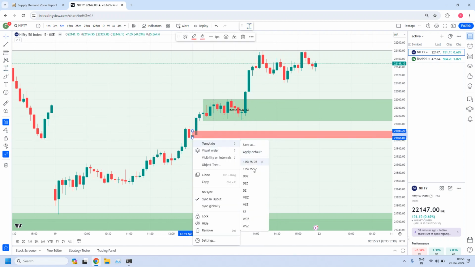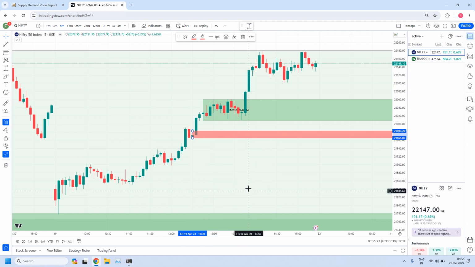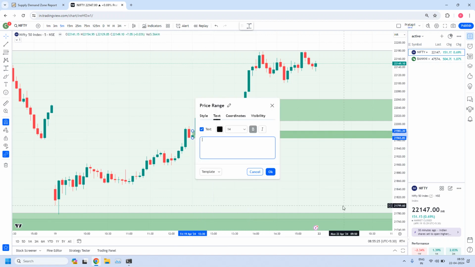This is a high liquidity demand zone. I mean 5 minutes high liquidity demand zone.